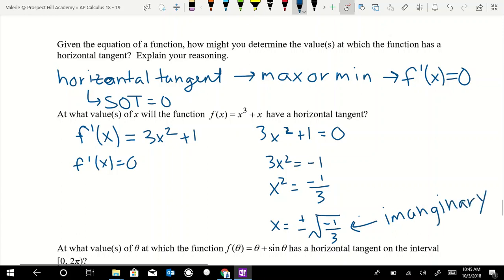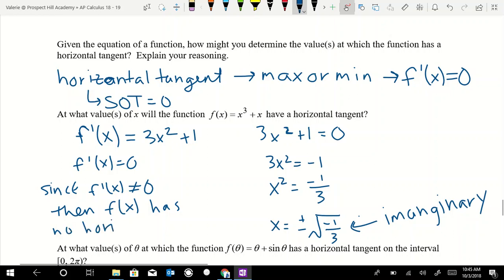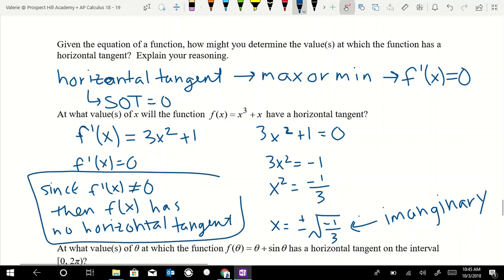So since f prime of x doesn't equal 0, because we would get an imaginary number, then f of x has no horizontal tangent. Right?